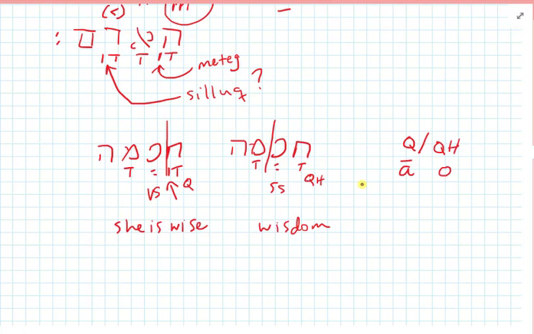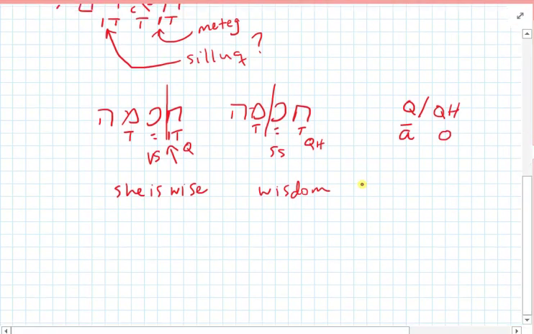Okay, let's take a look real quickly at this other example, and we'll keep them in the same order as what we had the first two here. So what I have here in this first form is a yod at the beginning.